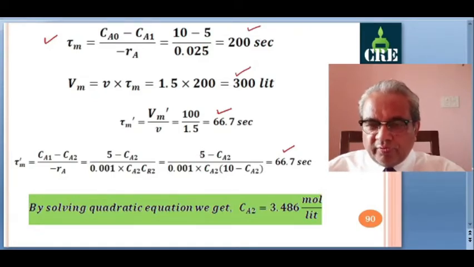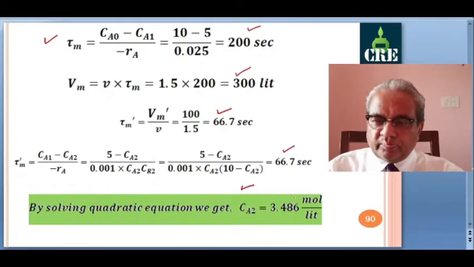Ca1 is known now, 5. Ca2 is unknown. So only Ca2 is unknown. So Ca2 into Ca2, you will get a square term. So you will get a quadratic equation and solve that quadratic equation. So the significant root of the quadratic equation, Ca2 we will get as 3.486 moles per liter. Okay. So remaining will be Cr.